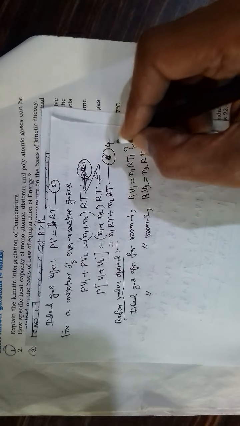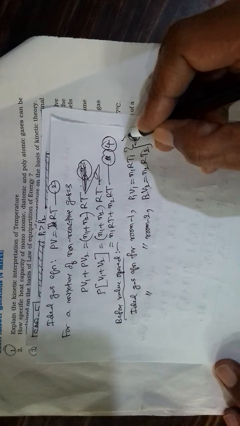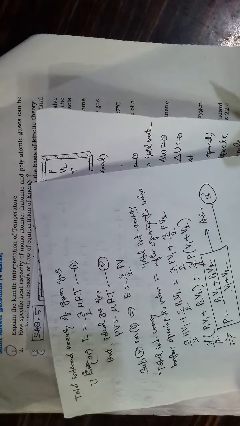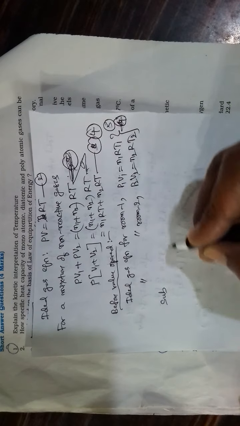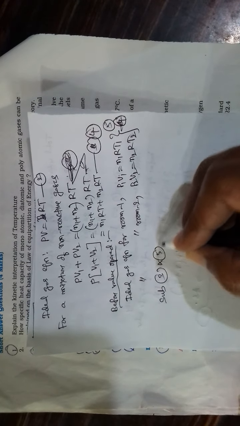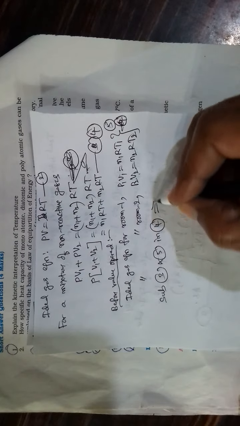So in place of these values, let us substitute these values, and in place of P, let us substitute this value. Substituting 3 and 5 in 4, in place of P, what do we write?